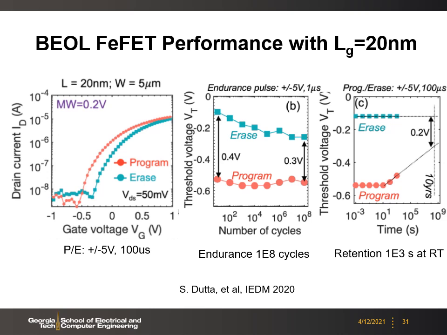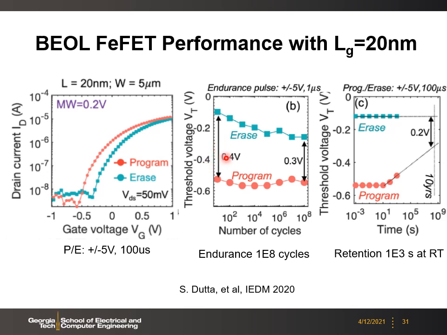The characteristics of this back-of-line FeFET are summarized in this slide. First, the IV hysteresis is shown here after positive and negative 5 volts program and erase. The distinguishable memory window is shown here. Second, the endurance cycling is performed over 10 to the power 8 cycles.